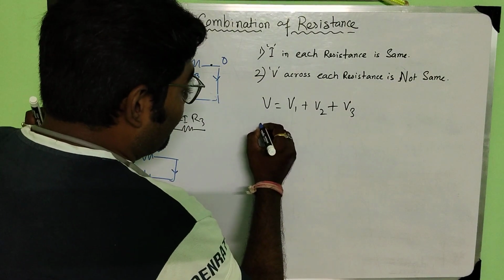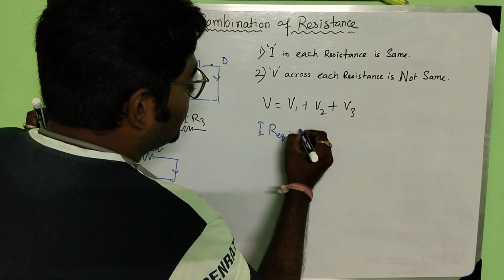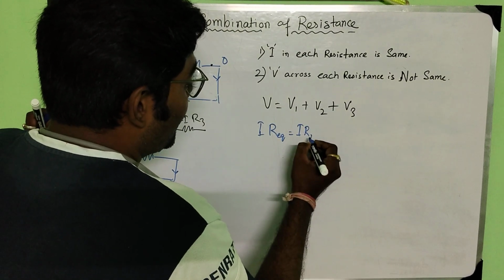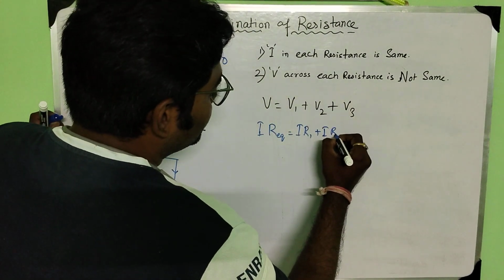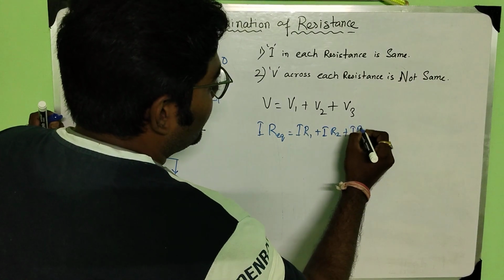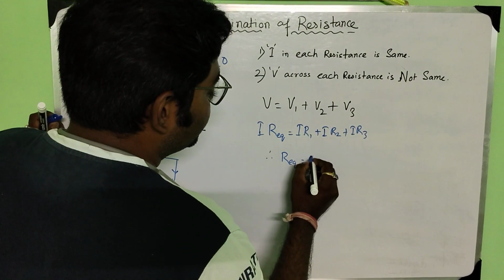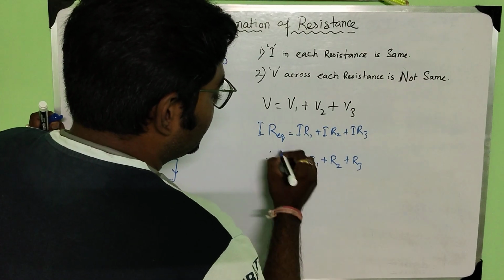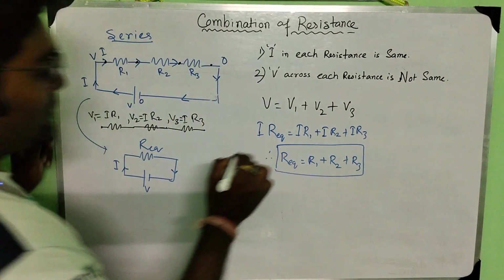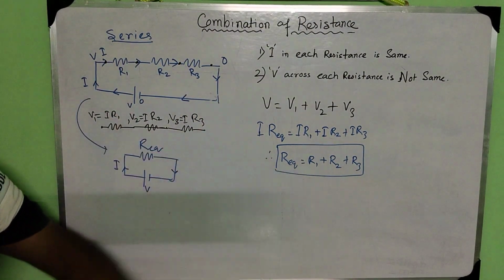Then I can write V equals I into R eq, equal to I into R1, I into R2, I into R3. Therefore, R eq equals R1 plus R2 plus R3. So this is the formula. This is the way you have to derive it.